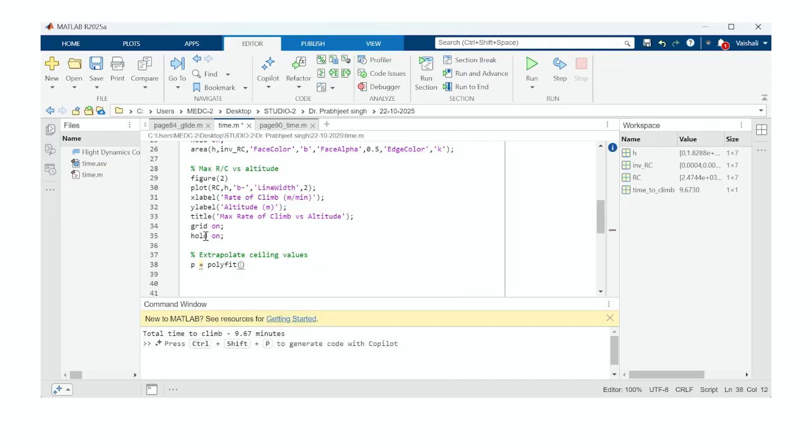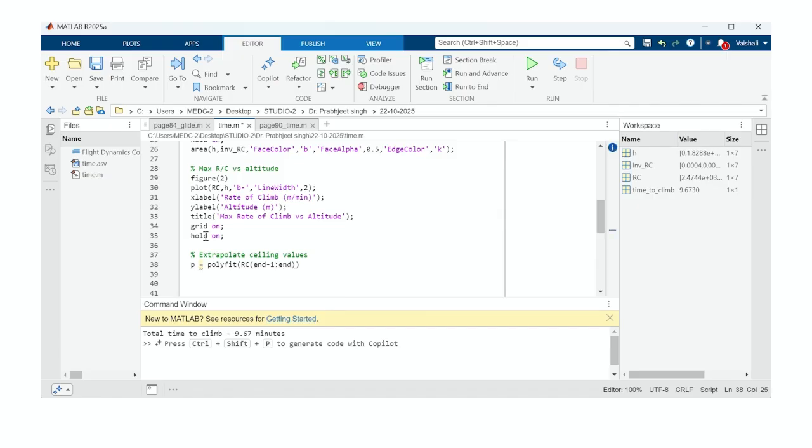You can search about it. What does this do? So polyfit, I need the last rate of climb value. All right, so I need to extend that graph from the last value. Okay, so that is why I'll write here what is the vector that I need. I'll write here end, last vector, from the second last to last.